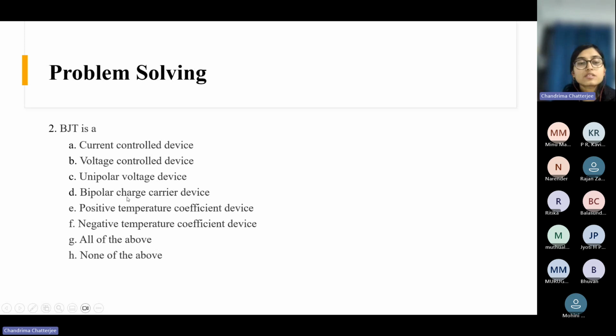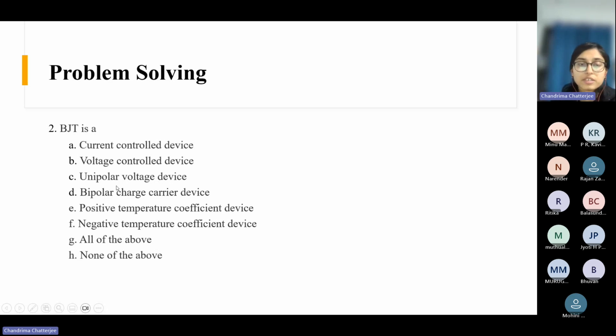Right, because from the name only we can see, bipolar junction transistor. So bipolar charge carrier device. So A and D. Next, F, negative temperature coefficient. That also we saw.